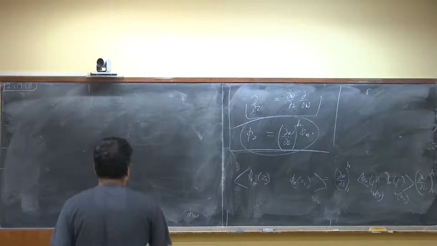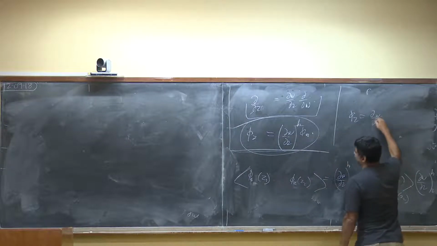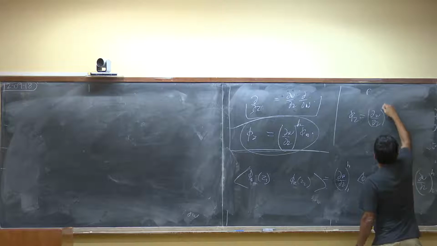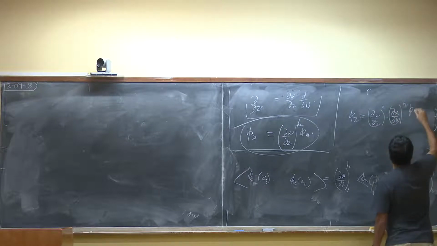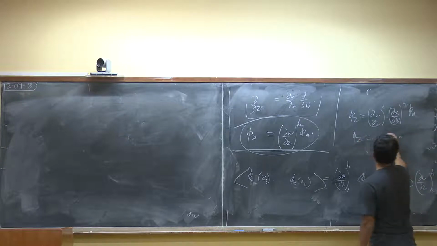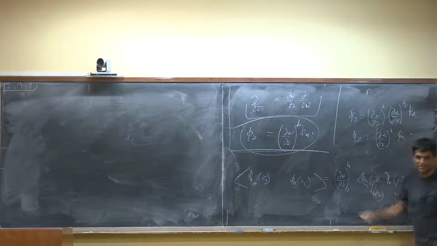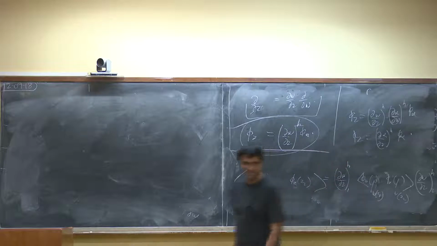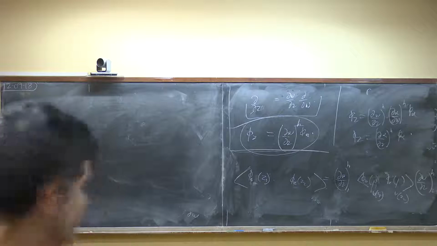What you will get is phi_z equals (del W by del Z)^h phi_W. But phi_W is (del alpha by del W)^h phi_alpha. Then you use the chain rule and you find that phi_z equals (del alpha by del Z)^h phi_alpha, which is what you would have written in the first place. So this is true. This transformation rule makes sense.